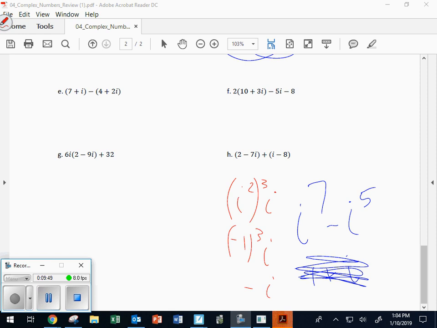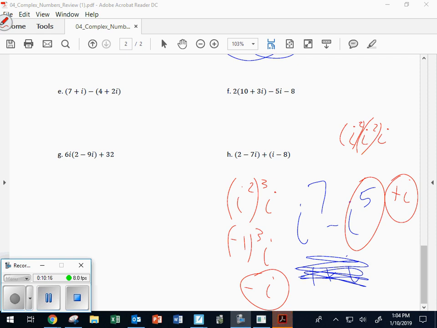Then how about I to the 5th? Well, it's very similar. I squared with an extra I. That's negative 1, that's negative 1. Together that makes positive 1, times I. That makes positive I. This one was negative I. This one was positive I. Put them together, what do you got? 0. The answer is 0.